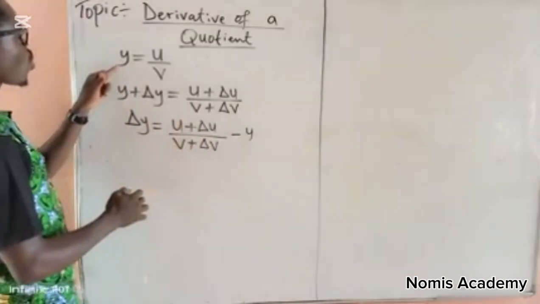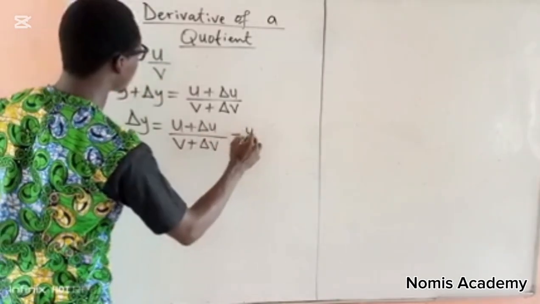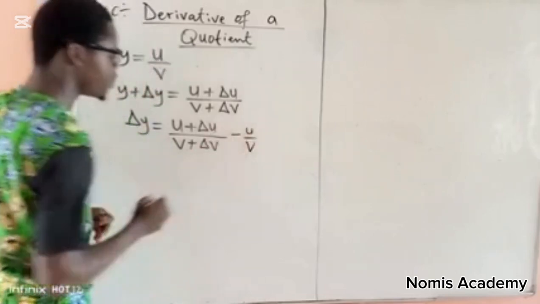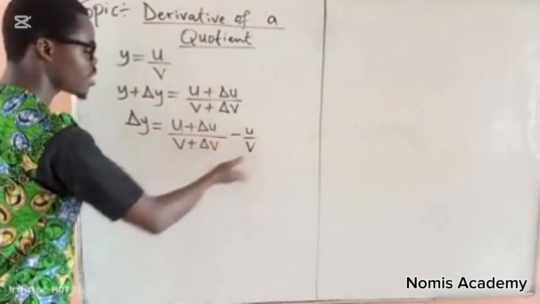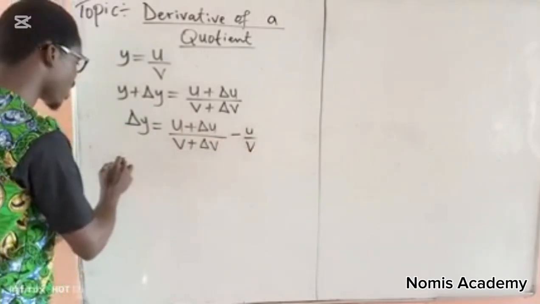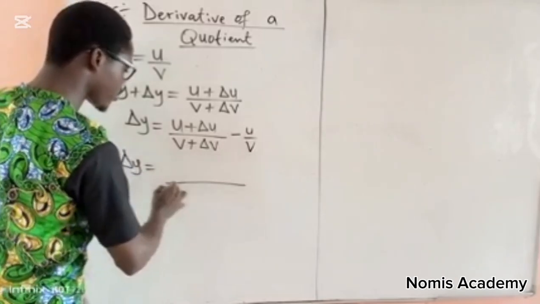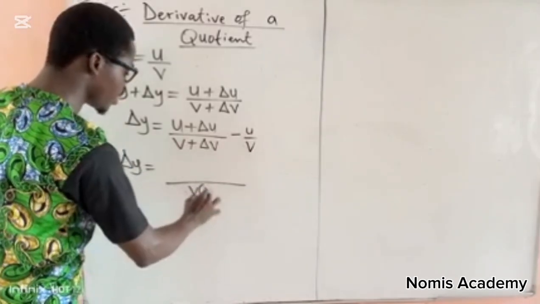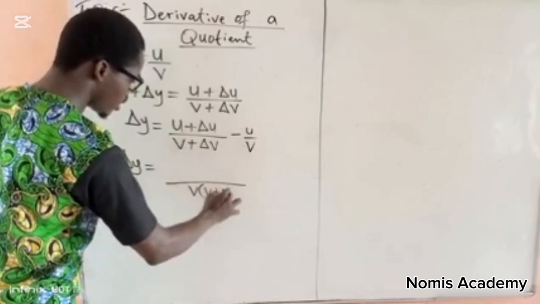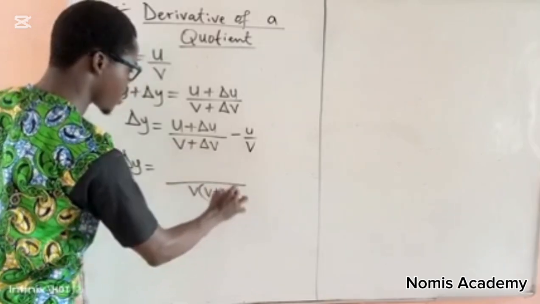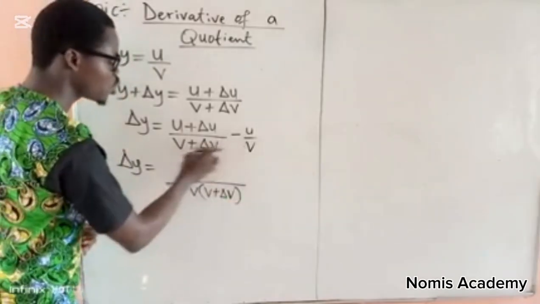And we know that y is equal to u all over v, so we just substitute u all over v. The next thing we need to do is to find the LCM of the right hand side and then simplify. Delta y equal to, the LCM is v into v plus delta v, the LCM of the two denominators.